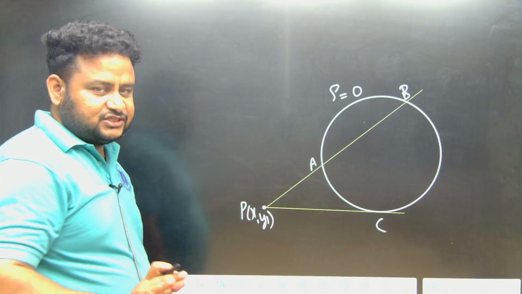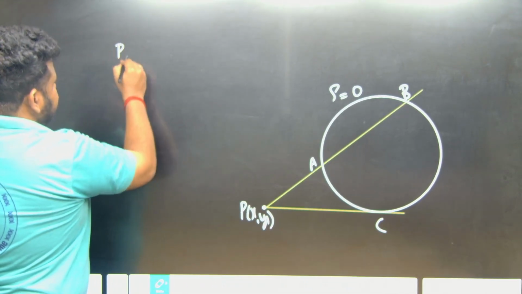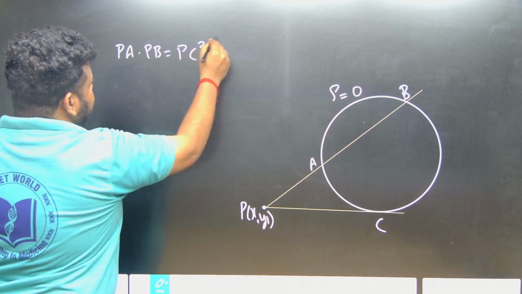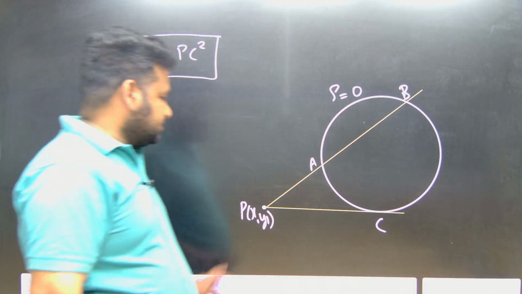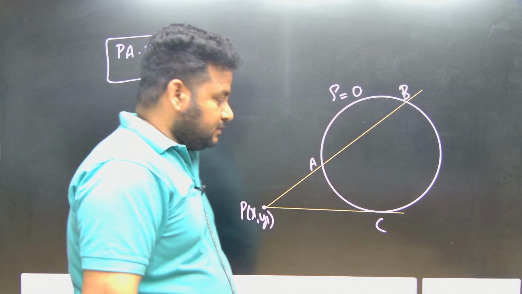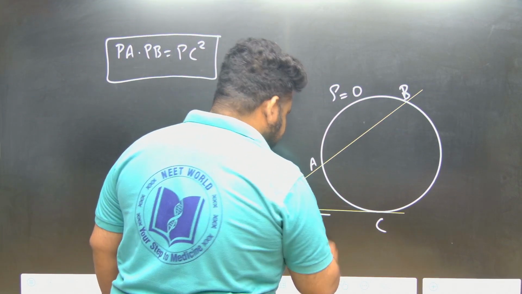Here we have a condition. Please pay attention. The condition is that PA into PB is equal to PC square. You have to remember this condition. This PC is nothing but the length of the tangent. Length of the tangent is given by square root of S11.